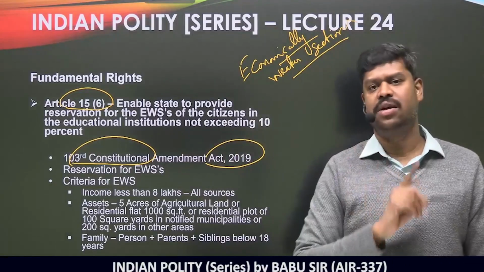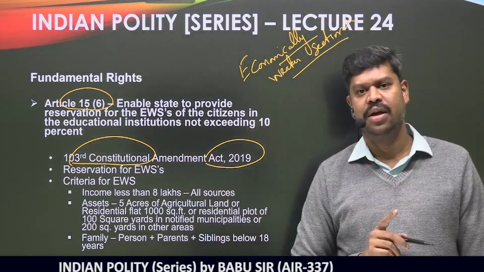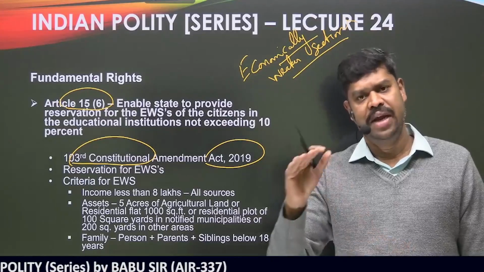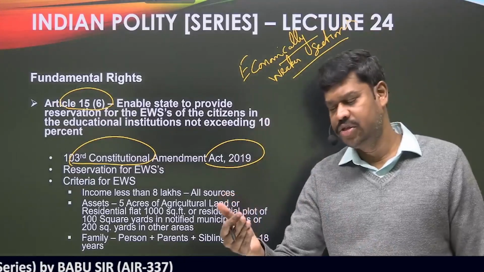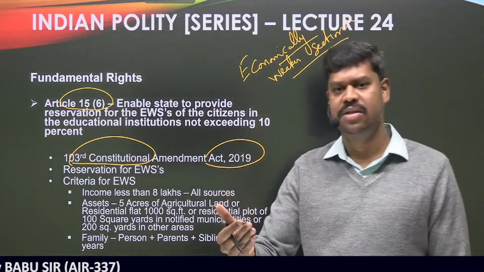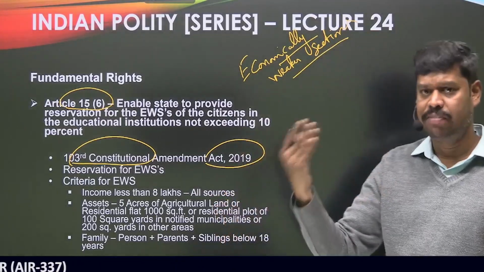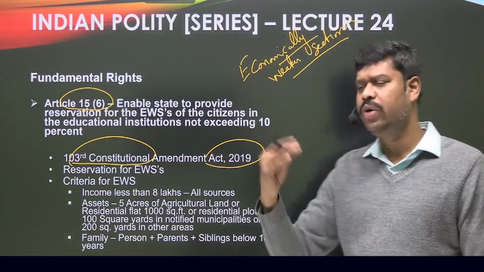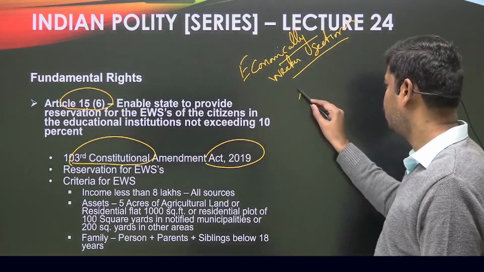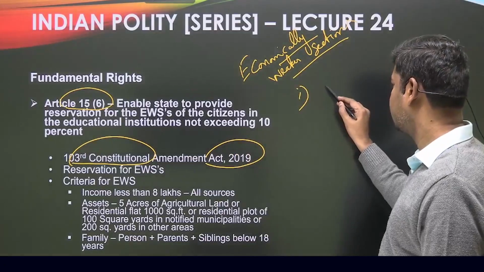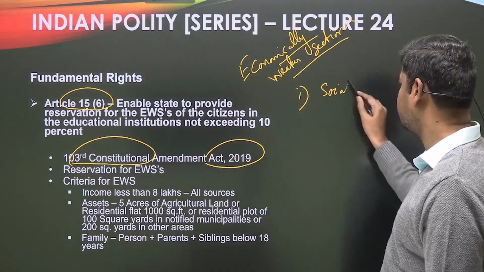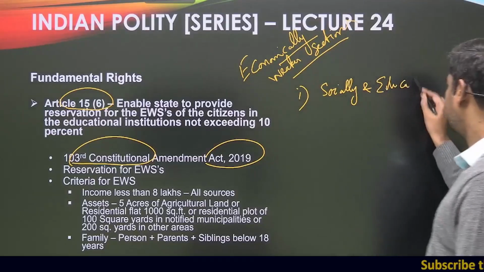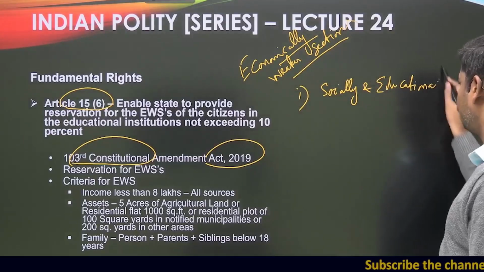Article 15 Clause 6 says that in educational institutions, be it educational institutions run by the state, that is government educational institutions, or private educational institutions. Now till this point of time, who are getting the benefit of reservation? One is the backward classes, that is the socially and educationally backward people. Just focus on it for a few moments.